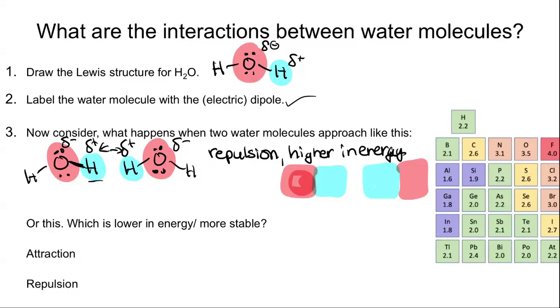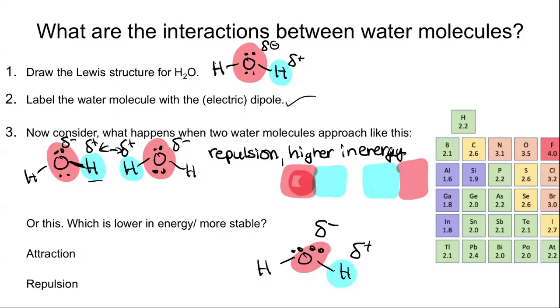So how would this look? It can look a lot of ways in 3D. I'm just going to pick one. So I know my oxygen is my partial minus. I have my partial minus. And this hydrogen has a partial plus.